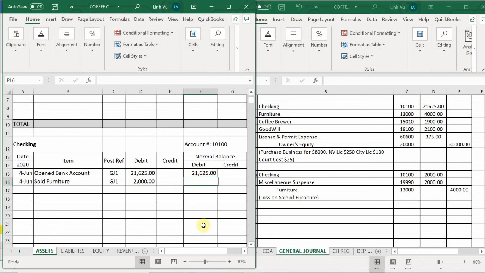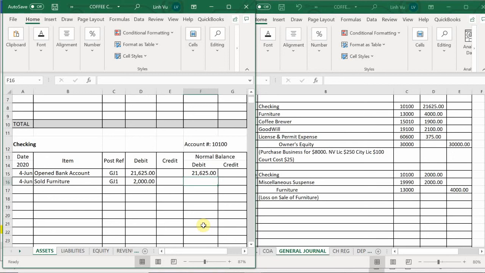Therefore, what should be my account balance? $2,000 on debit. So how much is my total amount? We add, so we have 23,635. Correct.